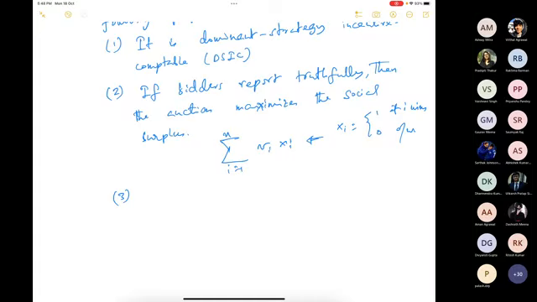You just simply read the bids, and this is computationally very efficient. So the auction can be implemented in polynomial time, in fact in linear time.